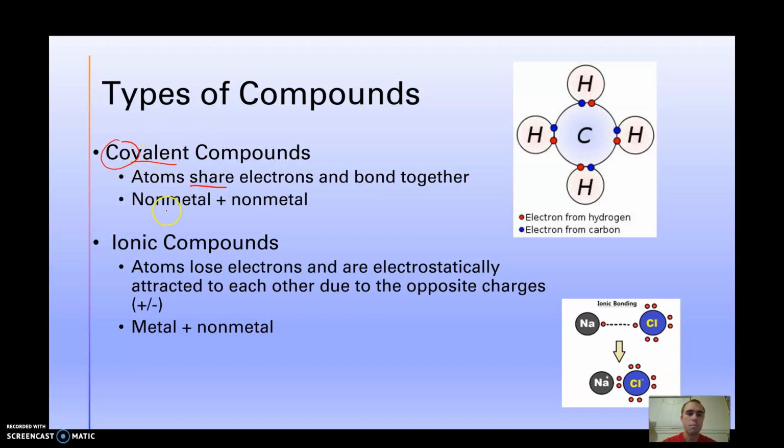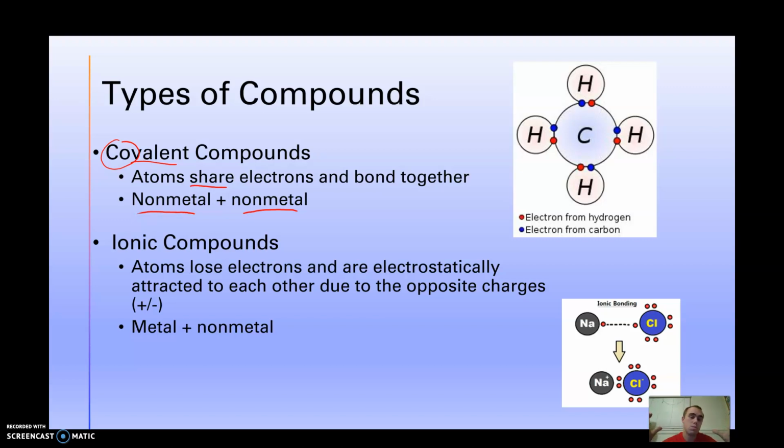Covalent compounds happen between nonmetals and nonmetals.